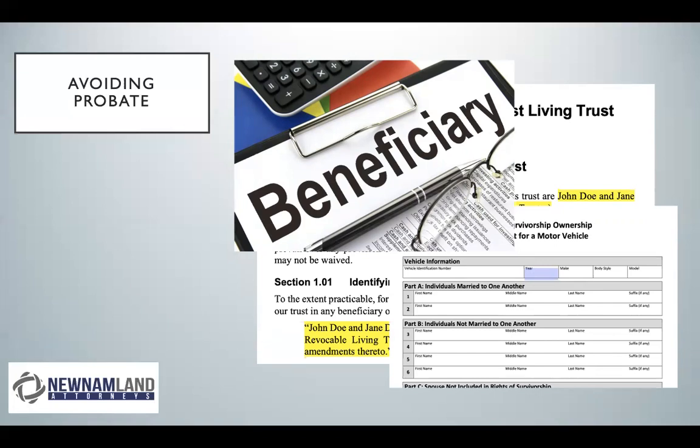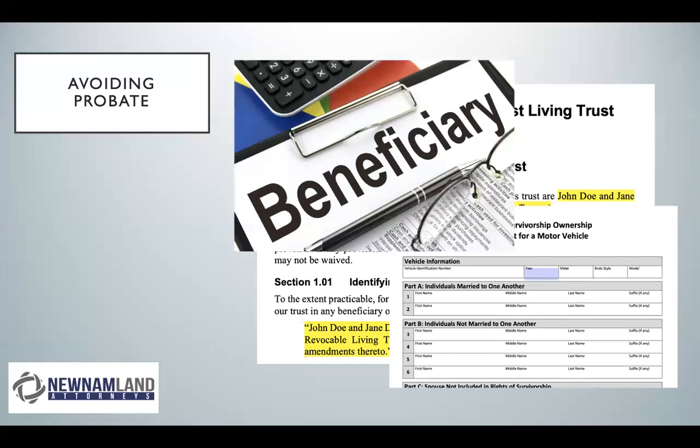The real trick in all of this is to look at each asset, figure out who you want it to go to and how it is going to get there. So most estate plans use some conjunction of these to make no probate happen for you or for your heirs in a meaningful way.